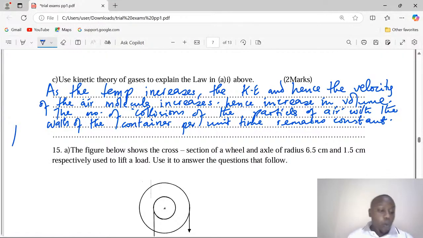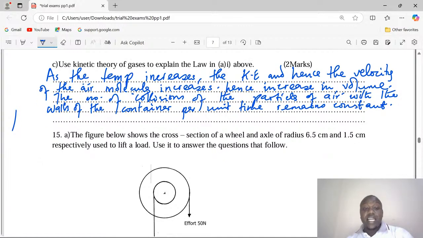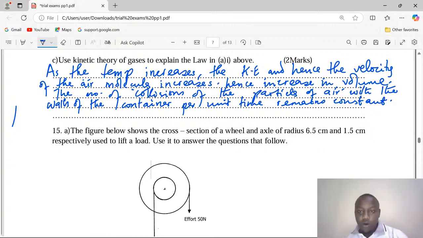Why does it remain constant? Because while the velocity and vibrations increase, there is also a corresponding increase in volume. If this was happening in a fixed volume, then we would have had an increase in pressure.